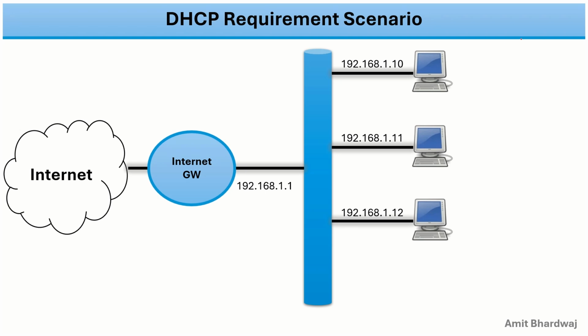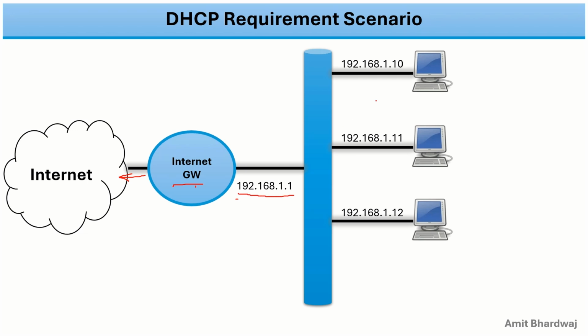Now, let's understand a scenario where we don't have any DHCP server, wherein a local LAN network is set up. We have an internet gateway which is used for providing access to the internet, and it has been assigned an IP address of 192.168.1.1.